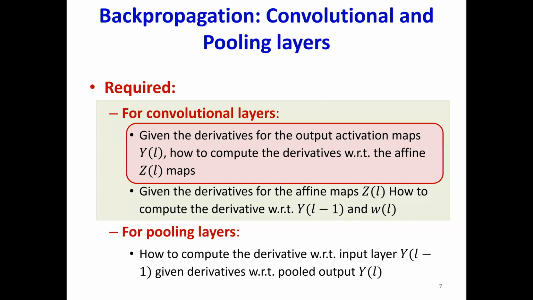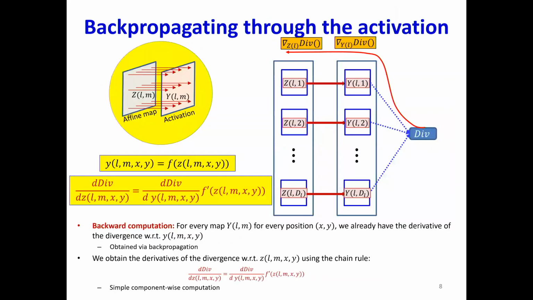What would the size of the gradient of the loss with respect to this thing be? L cross K. And that one? N cross M, right? The size has to be recovered. Even if this is smaller than this one, when you pass the derivatives backwards, this derivative must be the same size as the input to this process. So this is the idea that we're going to be using, right? We'll verify the sizes. So in the first step, we're going to backpropagate the derivatives from here to here.